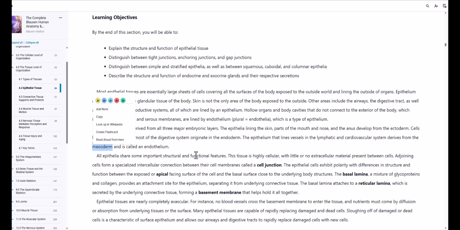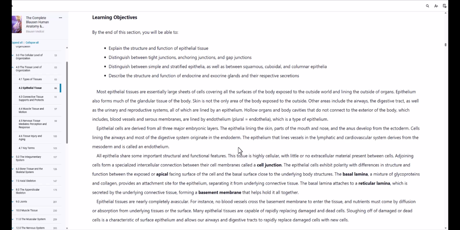So if epithelial tissues are composed of sheets of cells, it should make sense that these cells are held together very tightly in order to do their job. And because these cells are held tightly together, that also suggests that there's very, very little, if any, space in between the cells.